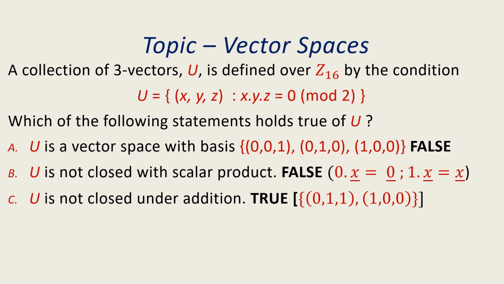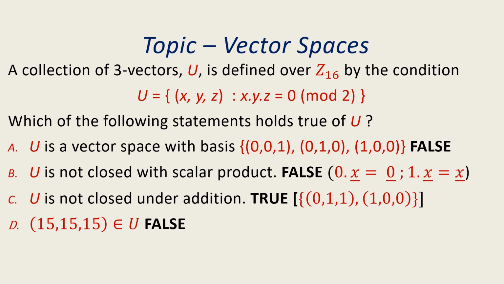Multiply 1 by 0, we get 0. When we add those two vectors, however, we get the vector 1, 1, 1. And 1 multiplied by 1 multiplied by 1 is equal to 1, an odd number. So that collection is not closed under vector addition.